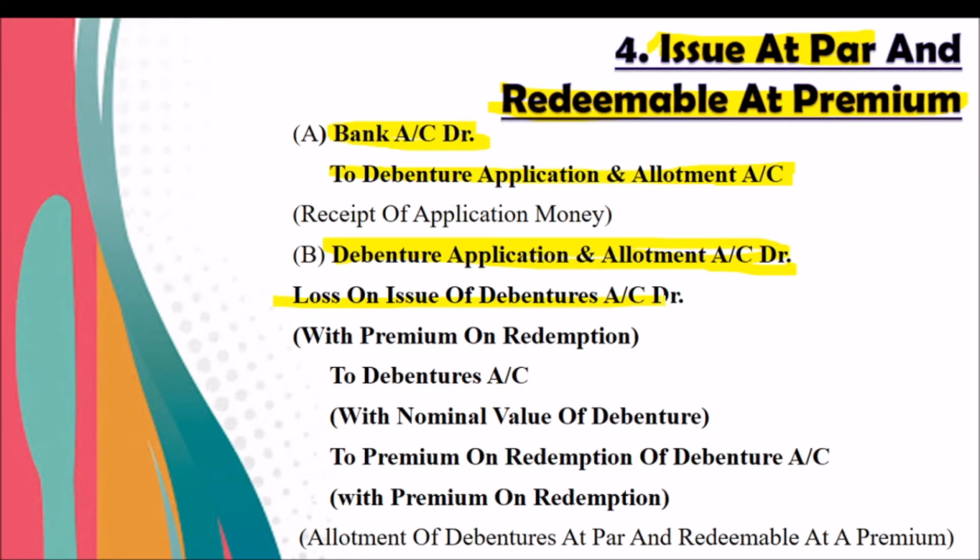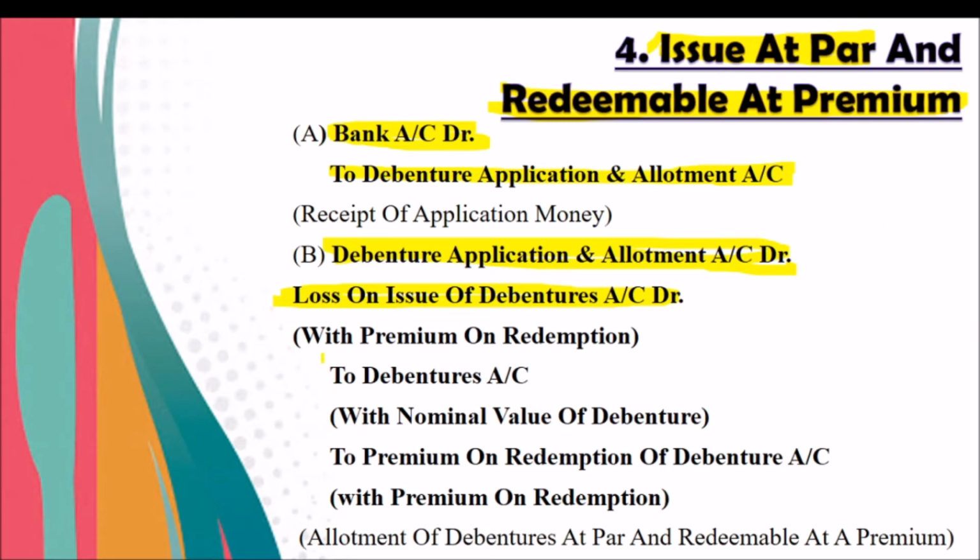loss on issue of debenture, because when it is redeemed at premium, that means we are giving back more than what we actually received. So that is a loss. It is a loss that will be transferred to loss on issue of debenture account.